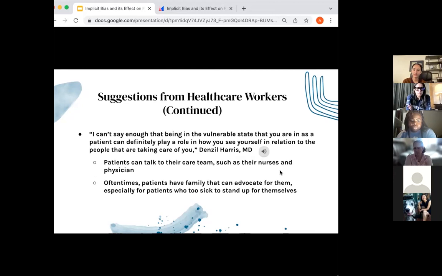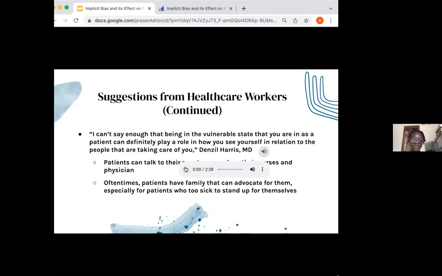And this is Denzel Harris, who is a doctor, internal medicine. So patients have a lot of different ways that they can not just advocate for themselves, but protect themselves in the context of concerns about bias. Of course, it's tough. I can't say enough that being in the vulnerable state that you are in as a patient, it can definitely play a role in how you see yourself in relation to the people that are taking care of you.